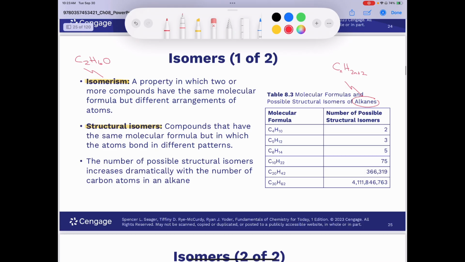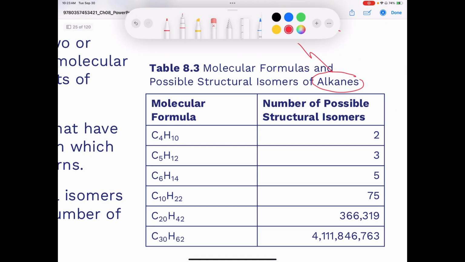You can see here that if you have C4H10, that follows the formula CnH2n+2, right? 2 times 4 is 8, plus 2 is 10. And there are two possible ways that you can arrange four carbons and 10 hydrogens to make unique molecules.